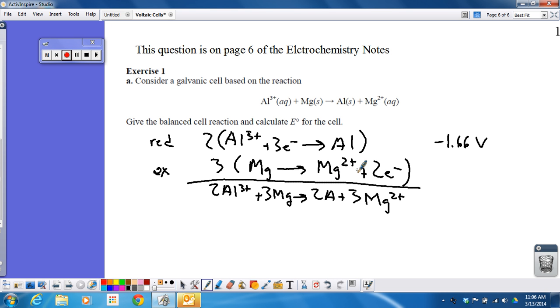So on my reduction table, I have to look for the reverse reaction. So on my reduction potential table, I'm looking for Mg2+ + 2e- yields Mg. When you find that one, you find out that magnesium, as listed as reduction, so on the table, magnesium is listed like this.